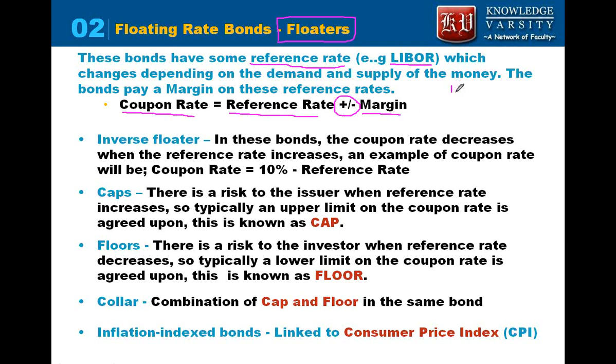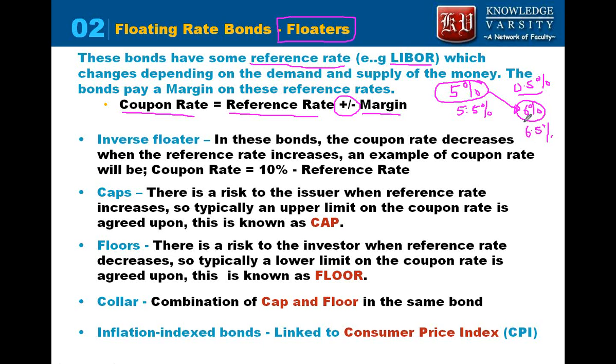So if the LIBOR is 5% at one point of time and the margin is 0.5%, the coupon rate for that period would be 5.5%. Now this LIBOR can change. If the LIBOR changes from 5% to 6%, the coupon will become 6.5%.